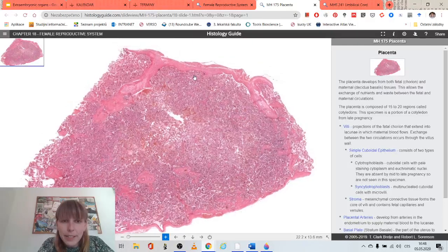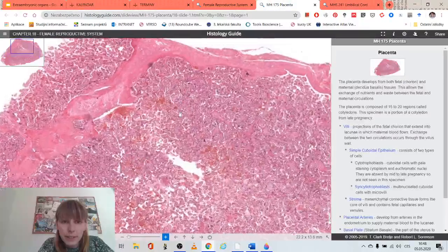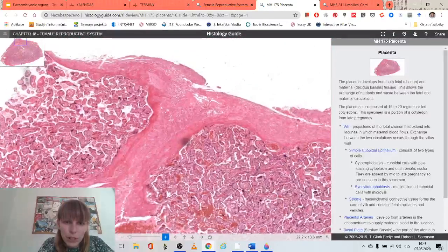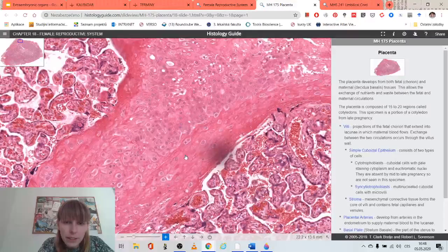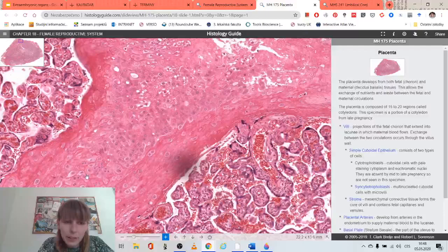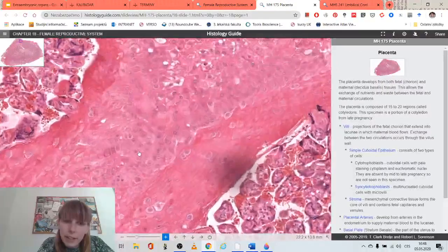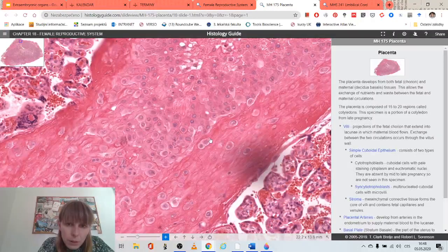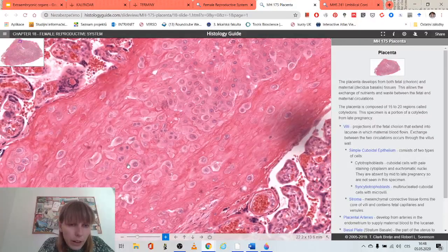So let's first zoom in onto this area. So we can now see that inside this solid tissue on this side of the placenta, we see very big, sort of swollen cells with light cytoplasm and big round nuclei.